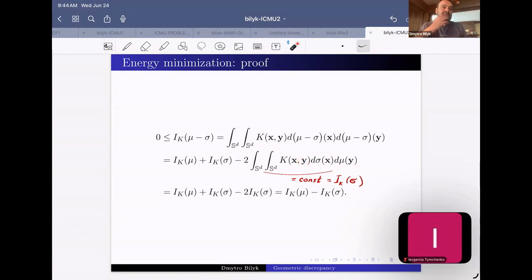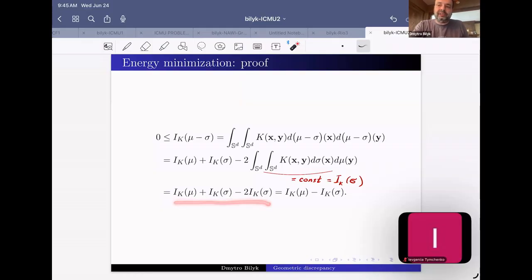No matter how I choose y, because the kernel stays invariant under rotations, I get the same value. So this is a constant. If I integrate a second time with respect to sigma, I should get the energy of sigma, so this constant has to be the energy of sigma, because sigma is a probability normalized measure. Afterwards, since it's a constant, the integral in mu doesn't matter, because mu is a probability measure. It just gives me that constant times 1.